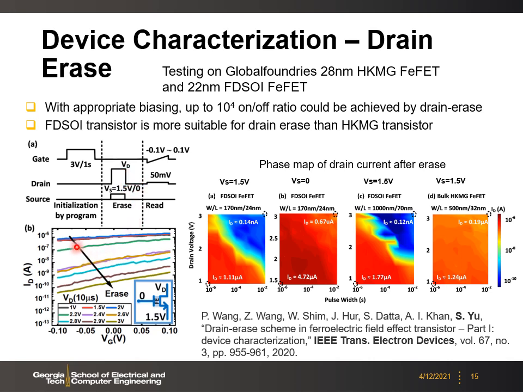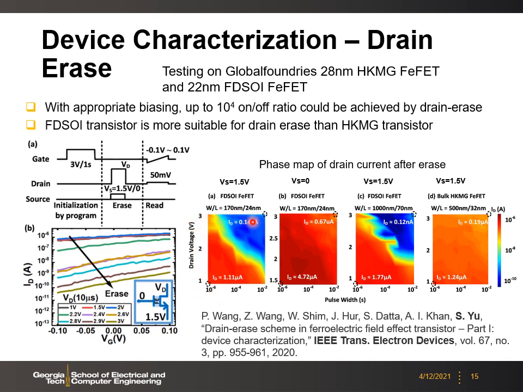As we increase the drain pulse amplitude from 1 volt to 3 volts, we can see that the drain current effectively decreases. That means the erase is successful when we increase the voltage to 3 volts. And here is the bias condition again. The gate is grounded and the drain voltage is raised up to 3 volts. The erase is successful.